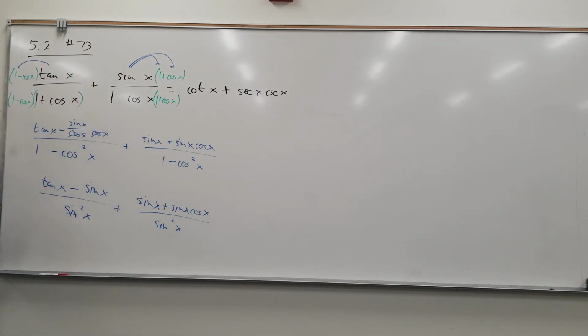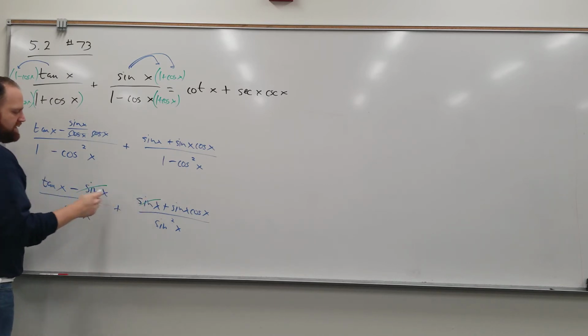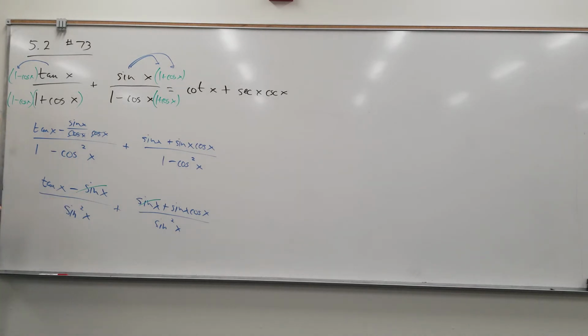Okay, anyway, but I have the same denominator. I could add these. Oh, that is nice, actually, right? Because now that sine and that sine cancel when I go to add these up. Oh, yeah. Okay, so that's good.